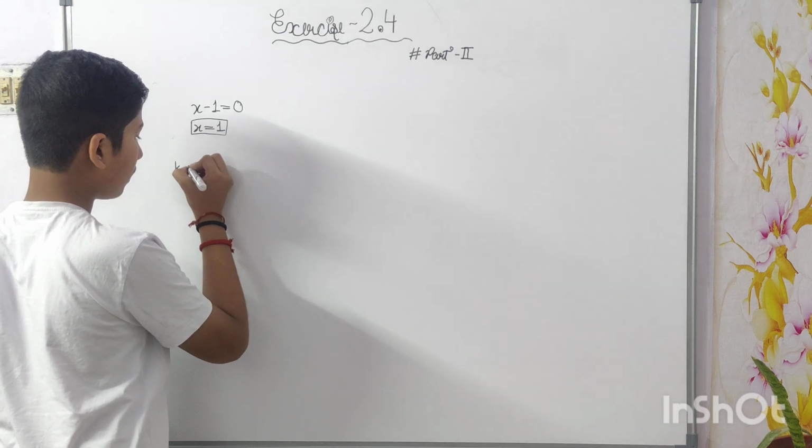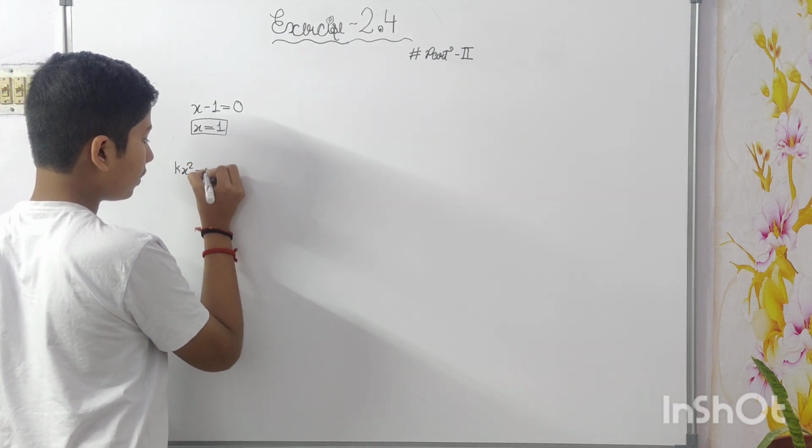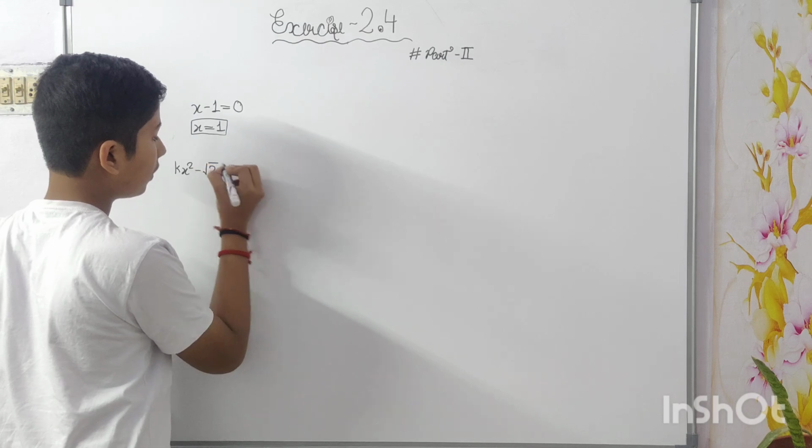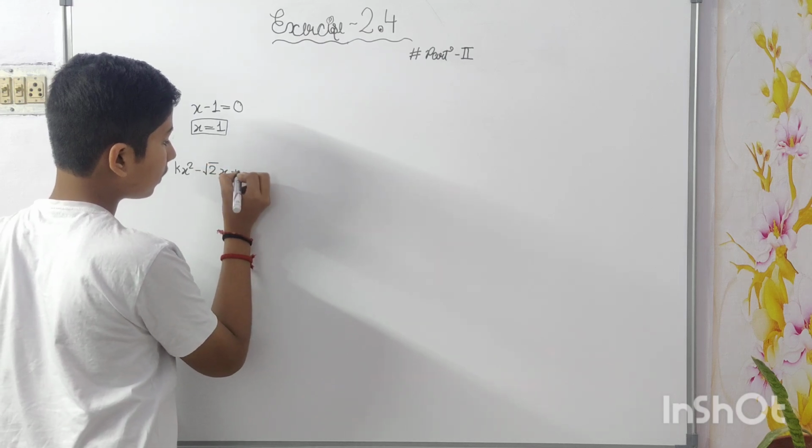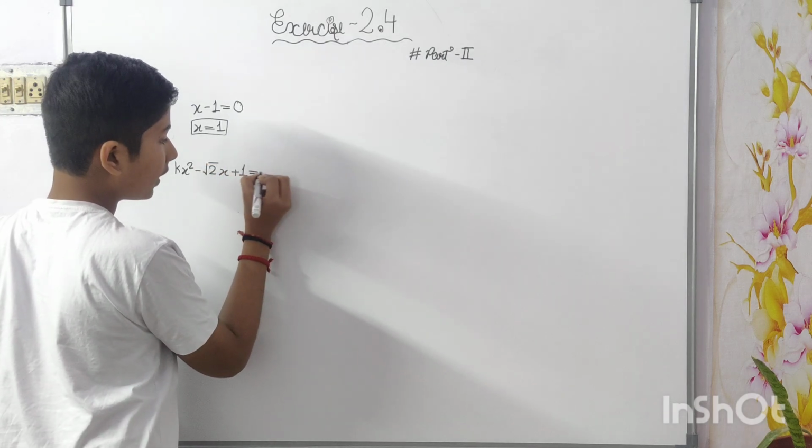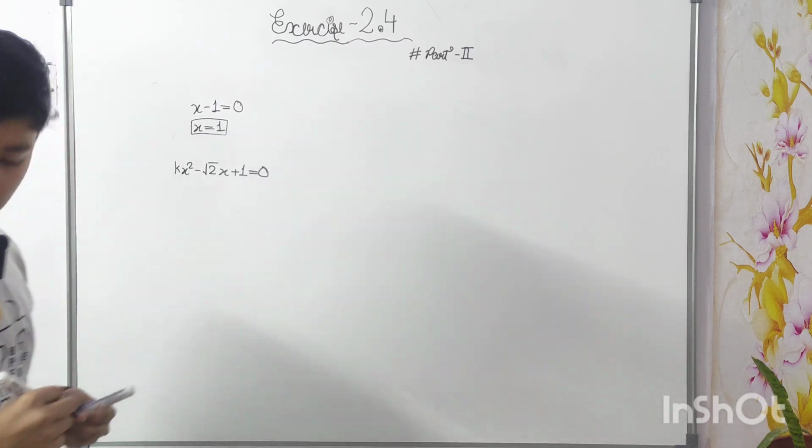kx square minus root 2x plus 1, again equal to 0. Okay.